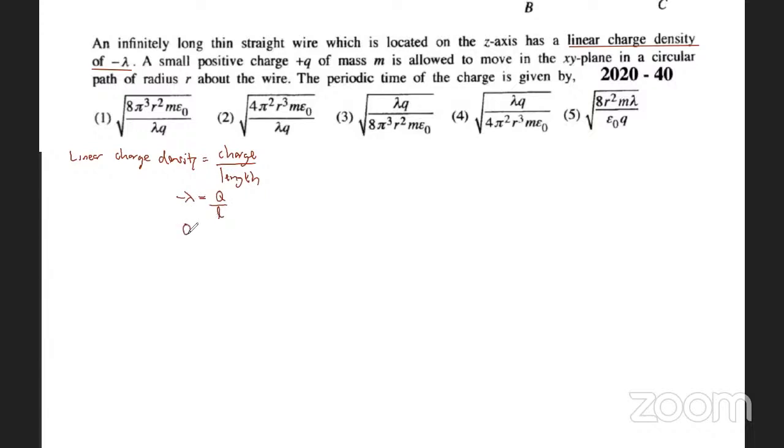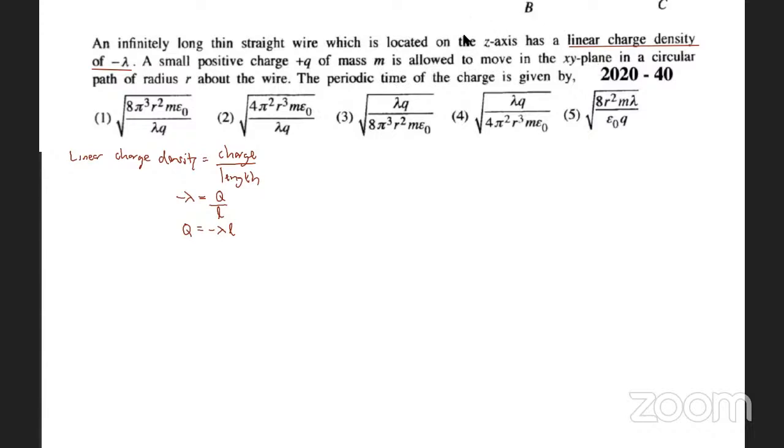Right, so if you need charge, you can say minus lambda L. But the problem is they are saying it's an infinitely long thin wire, so it's very long. A small positive charge plus q of mass m is allowed to move in the xy plane in a circular path of radius r above the wire. Periodic time of the charge is given by, right.